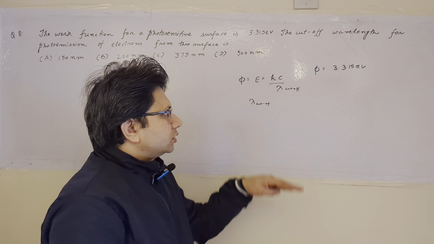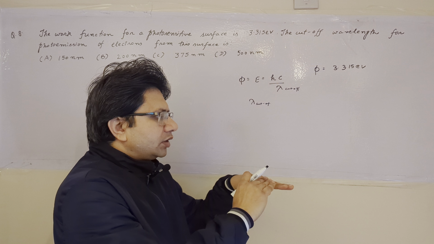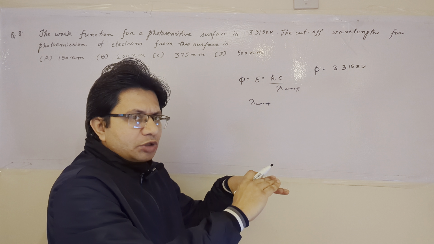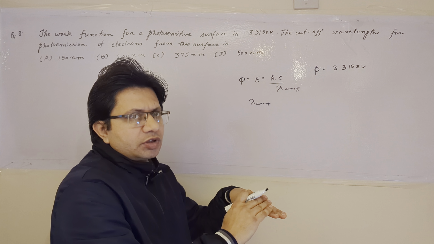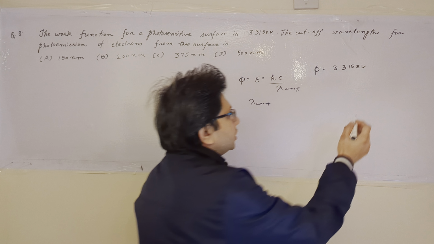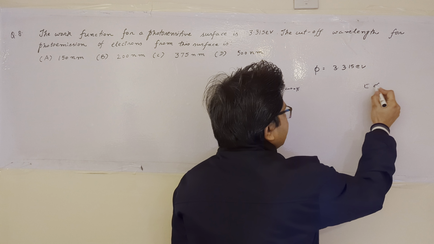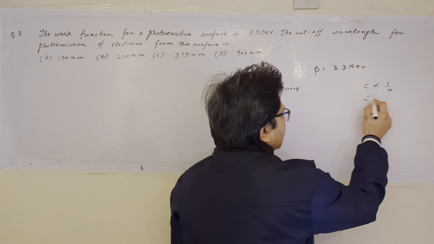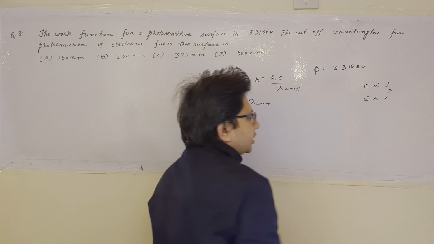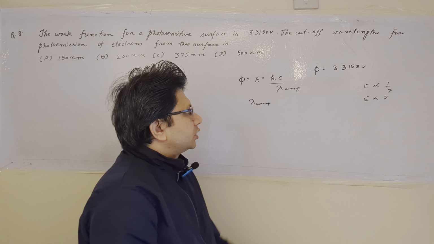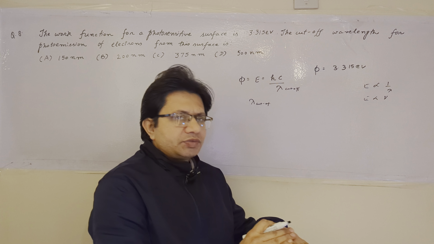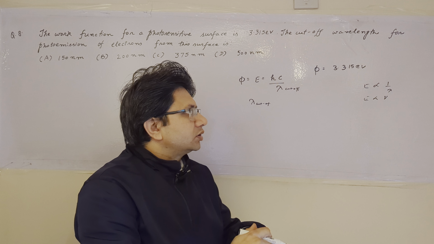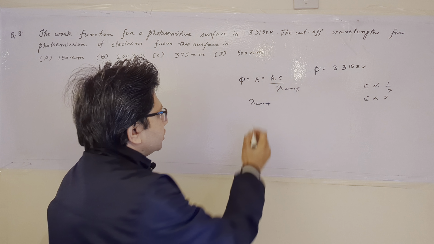If we go above this wavelength, there is no ejection of electrons, and if we go below it, there is ejection, because there is a reciprocal relationship between the energy and lambda, and a directly proportional relationship between the energy and the frequency. So this is the cutoff wavelength.